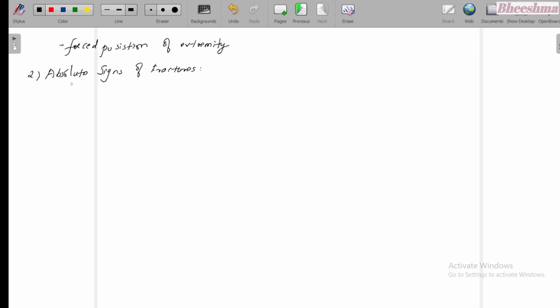Absolute signs of fracture. Deformation of extremity. The next one is pathological mobility.